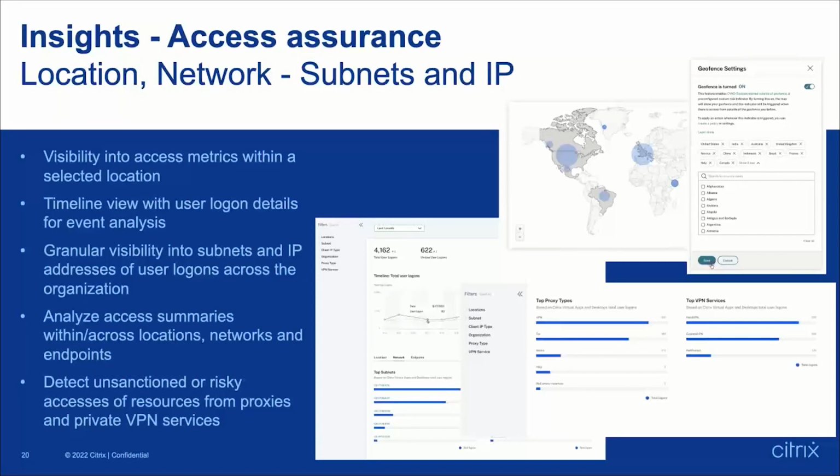We have very rich employee access data, right from their accesses from clients such as Workspace, ShareFile, or their SaaS logins from secure web gateways such as NetScaler. With access assurance, we've gone a little further and uncovered the location and network risks for you. What we are also endeavoring to do further is to uncover it at a subnet and IP level.